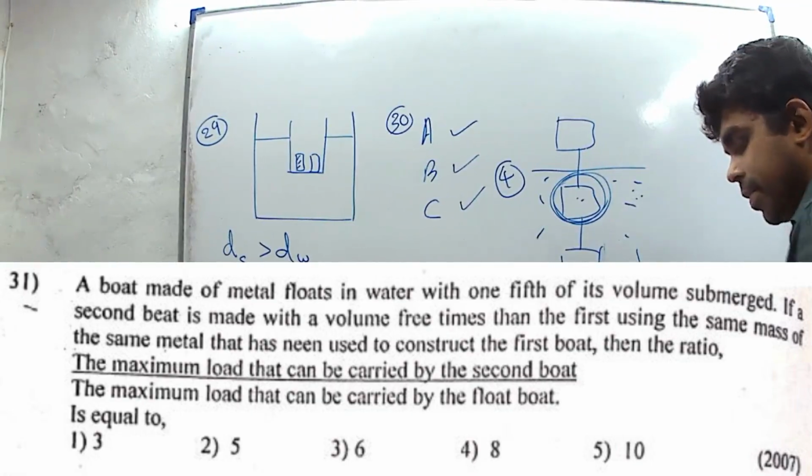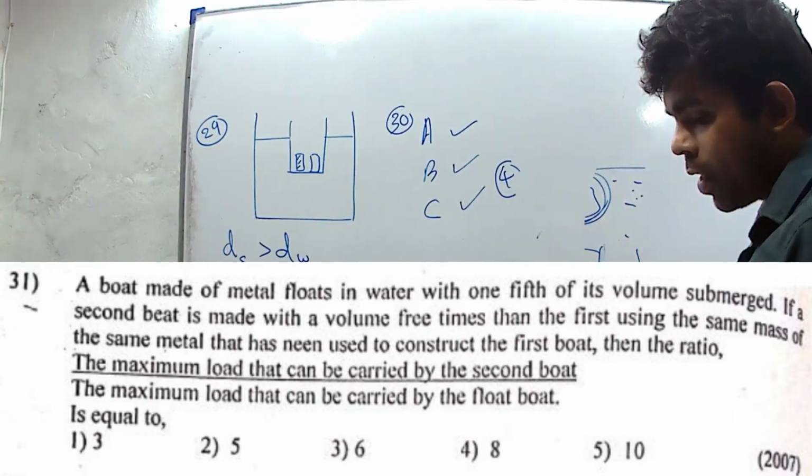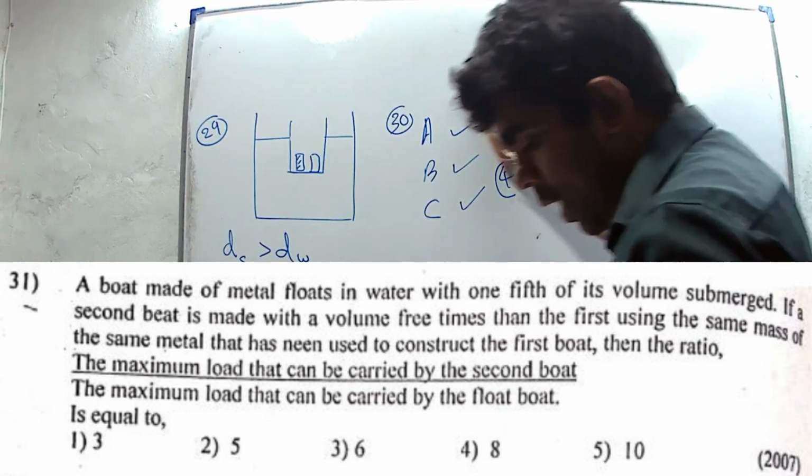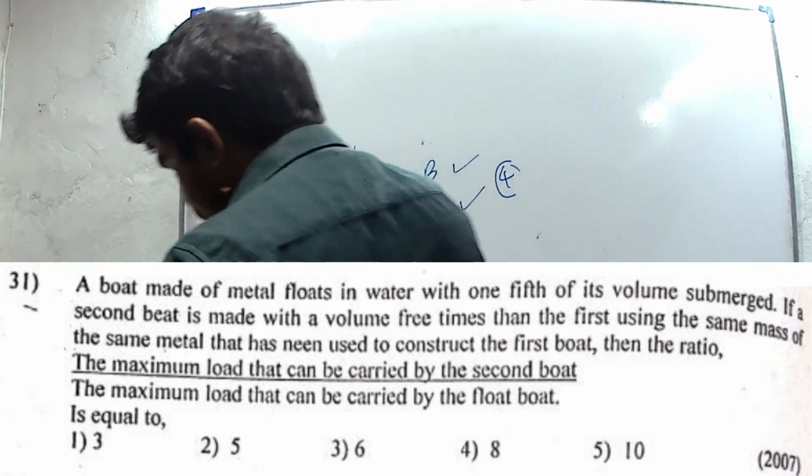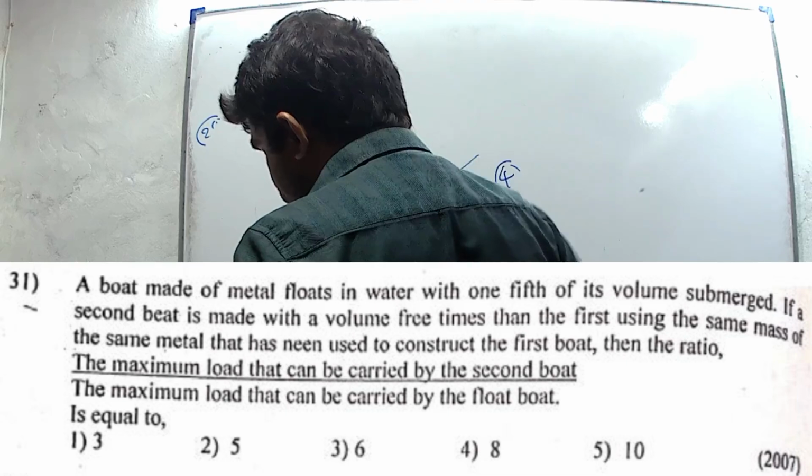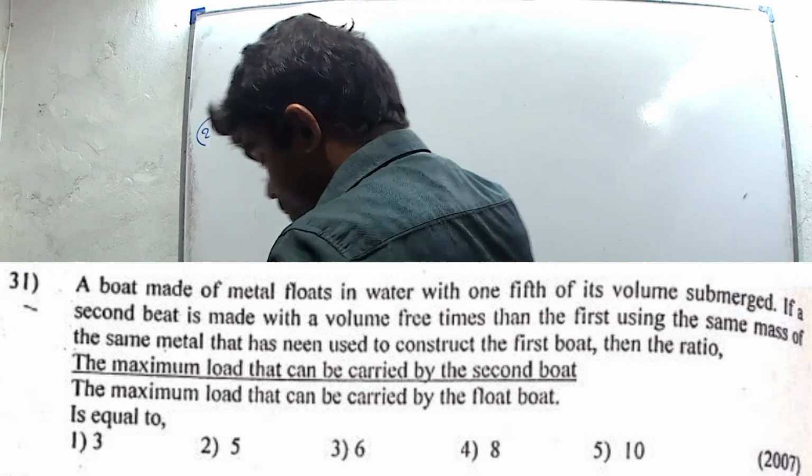Question number 31. A boat is made of metal, floats in water with 1/5 of its volume submerged.